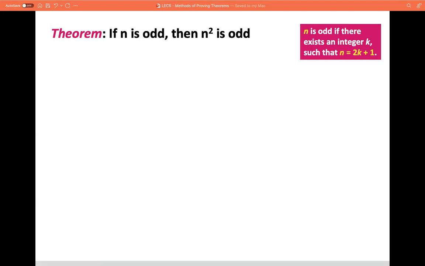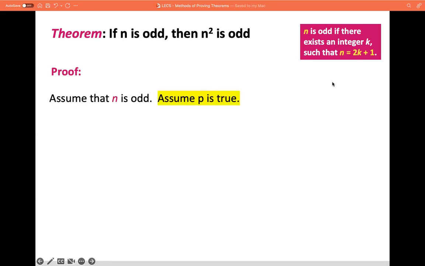We will start with the terminology of an odd number. We say that n is odd if there exists an integer k such that n is equal to 2k plus 1. So for the proof, we start with the assumption that P is true first. In this case, P, the hypothesis, is n is odd.